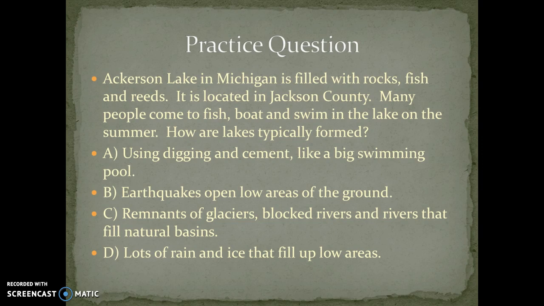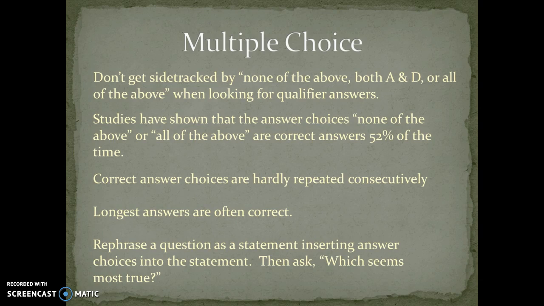There's a whole bunch of information on Ackerson Lake in Michigan before that has absolutely nothing to do with the question. So it's really just kind of like filler or distraction. So keep a lookout for that too. And in this case, you wouldn't use any of that information. You would only use those last 5 words to determine the answer to the question.